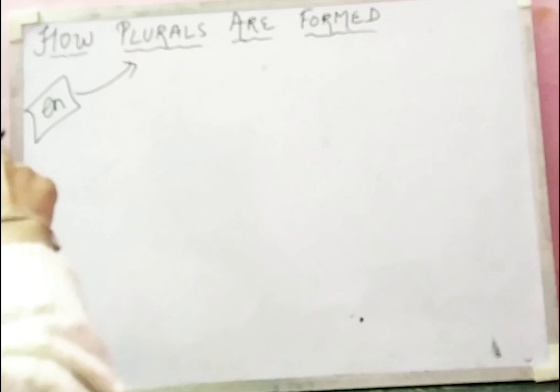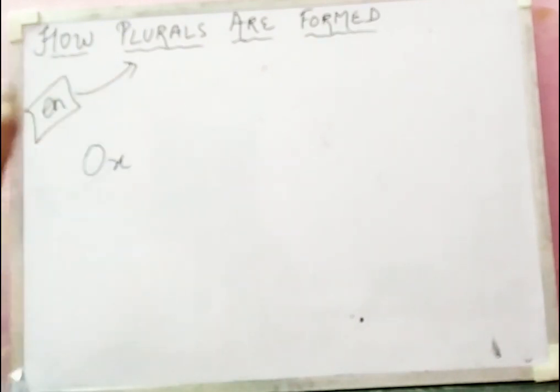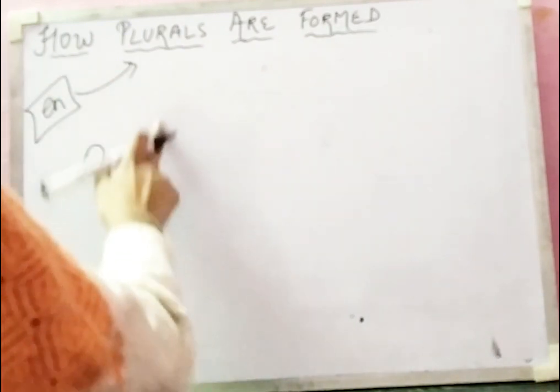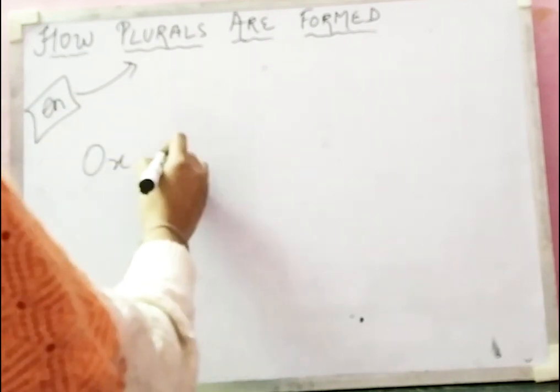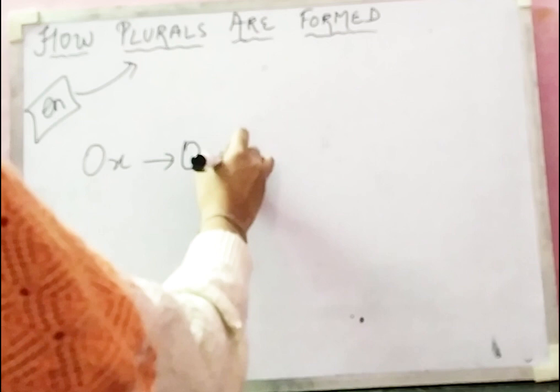In this, now we have to do the next concept, that is few nouns that form their plural by adding en to the singular, means they add en to the singular to make it plural. Like one example is ox. Ox is singular, means they add en into the singular word to make it plural, means oxen.